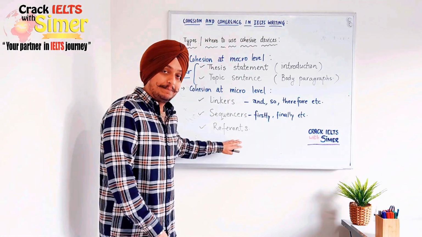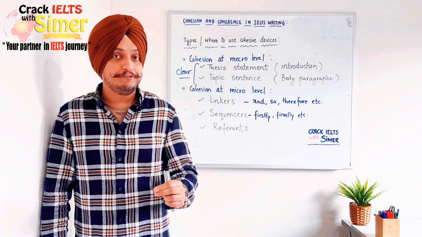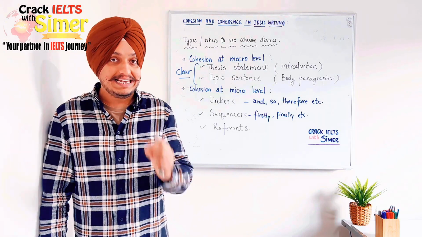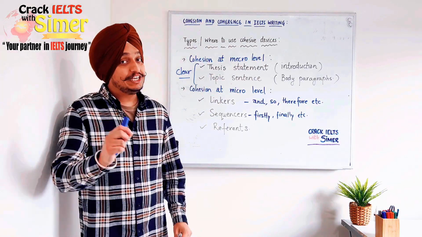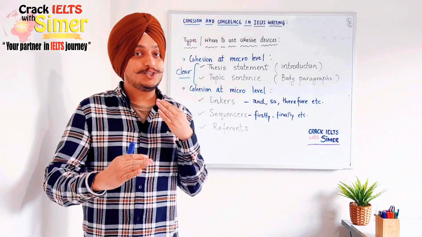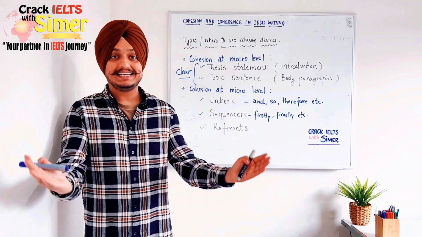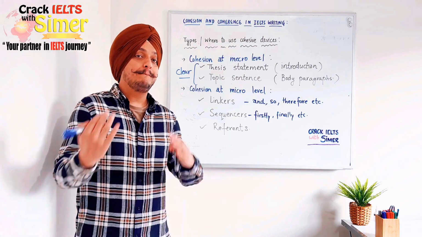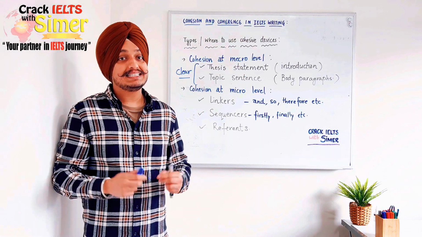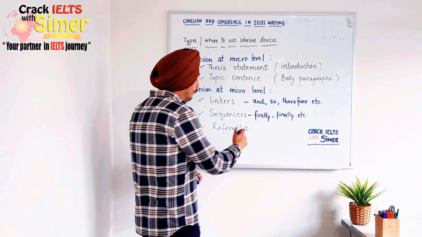Generally this is missed. Please note that this is really important. References are the best linking devices, or the best cohesive devices in your essay. References make reference to what you have already written, which gives the overall meaning to your essay. For example, you have written about people in the previous sentence, and in the next sentence you don't want to write people again, so you can use the word they.